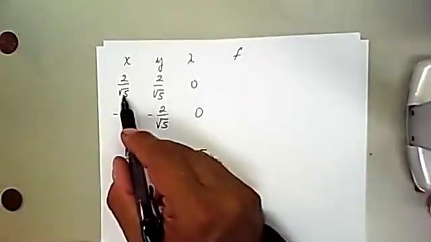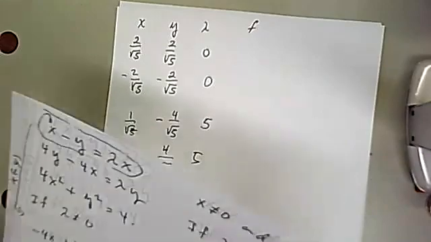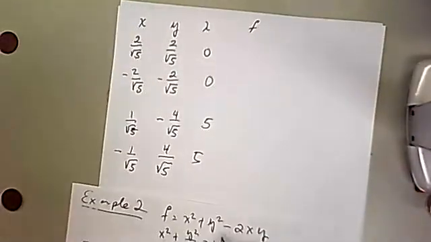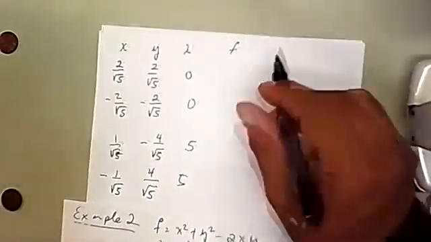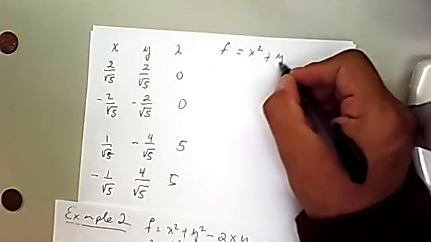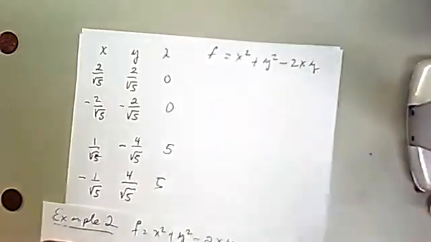So we got this row, this row, this row, this row. Now let's figure out the output of the function. That was on one of the previous pages. Remember the function: square the first coordinate, square the second coordinate, take away twice the first and the second coordinate.